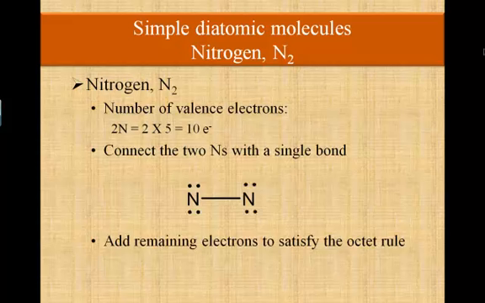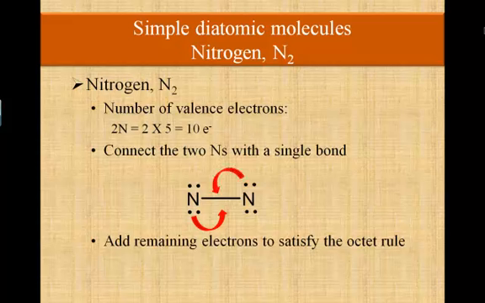Again, if I look at this structure, I can see that each nitrogen has only 6 electrons in its valence shell. So I'm going to have to start to make some additional bonds using the non-bonding pairs of electrons. These nitrogens have to share more than one pair of electrons. If I push a pair of electrons from this nitrogen and form a new bond, I've satisfied the octet for the nitrogen on the right, but I still haven't satisfied the octet for the nitrogen on the left.